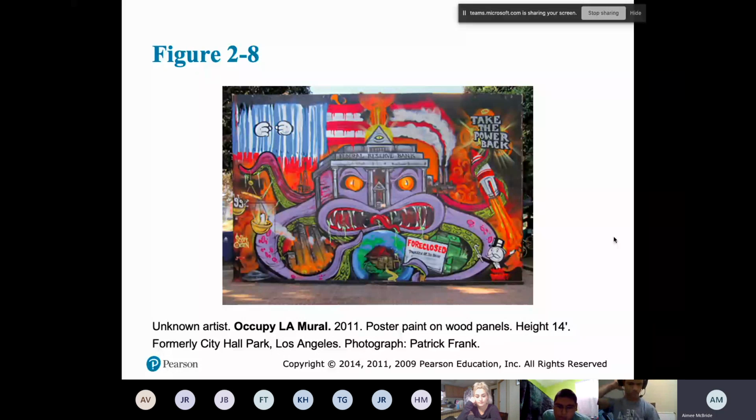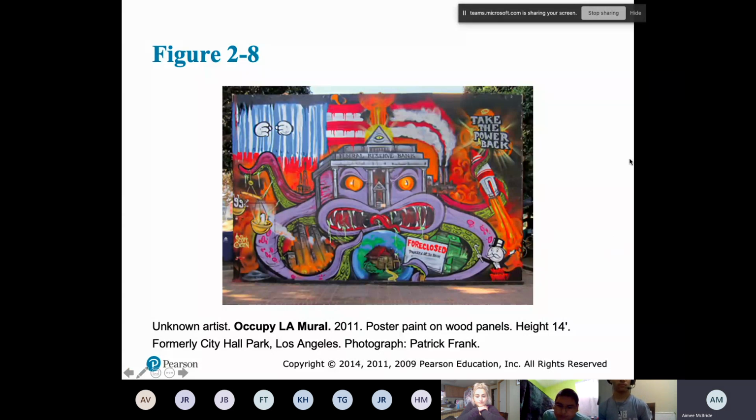So people were not pleased with the bank. And this unknown artist was very much so not pleased with the bank. And you can see that with all of the imagery in that image. So you see the bank is destroying homes, basically destroying the planet. See the Monopoly man down here.